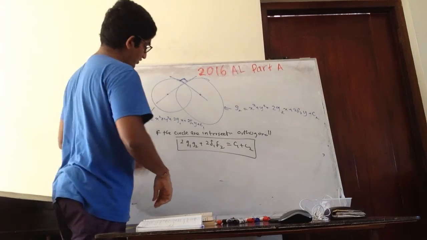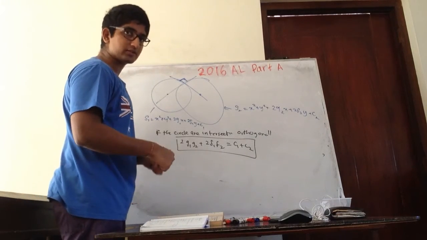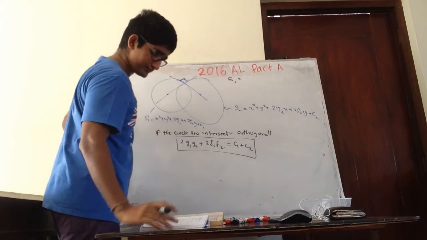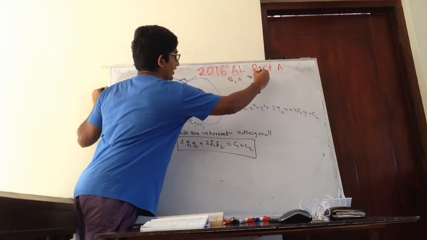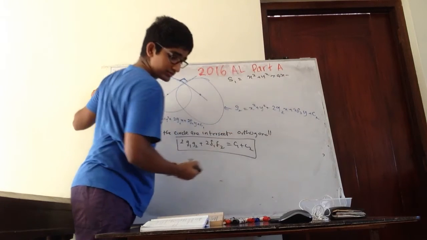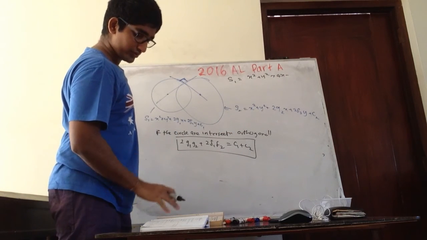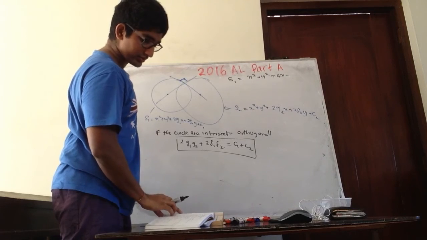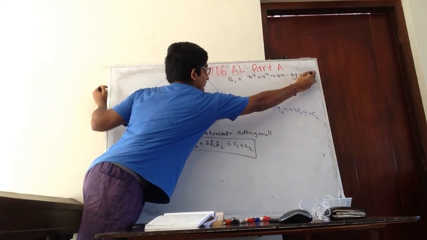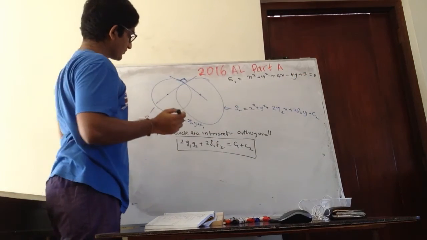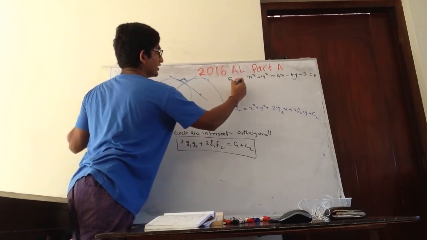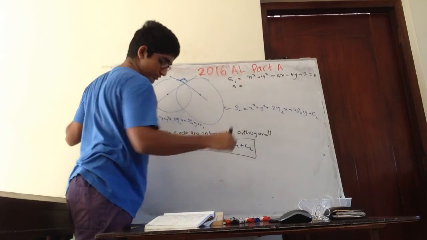Right now? So we now found S1. So what was S1? S1 was x squared plus y squared plus 4x minus 6y plus 3 equals 0. Right now? So we need g1 and f1 here.